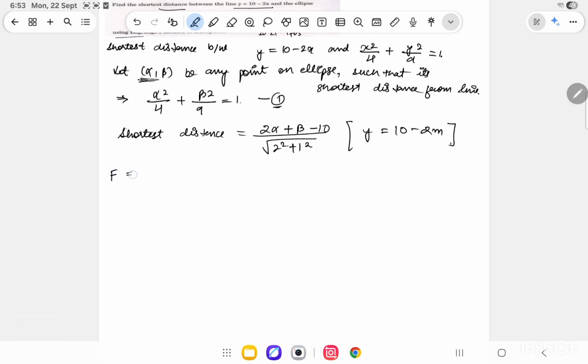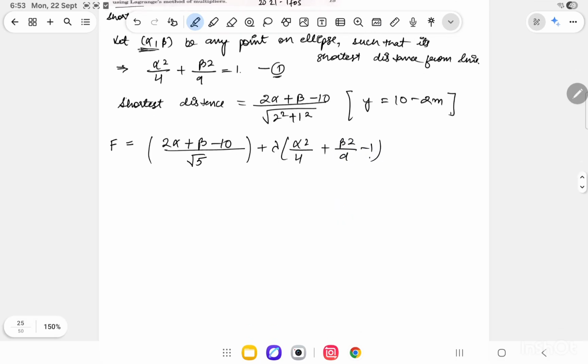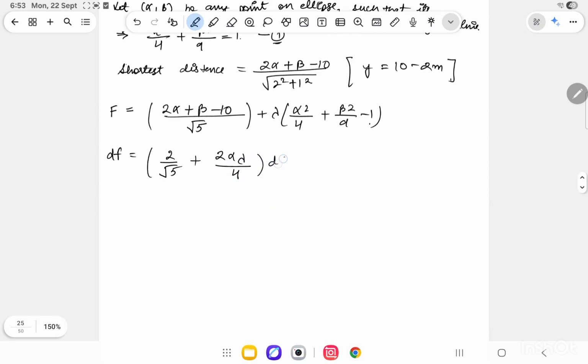So let's define a function f that will be basically (2 alpha plus beta minus 10) divided by under root 5, plus lambda times (alpha square by 4 plus beta square by 9 minus 1). Now if I take its total derivative, that will be (2 by under root 5 plus 2 alpha lambda by 4) d alpha plus (1 by under root 5 plus 2 beta lambda by 9) d beta.